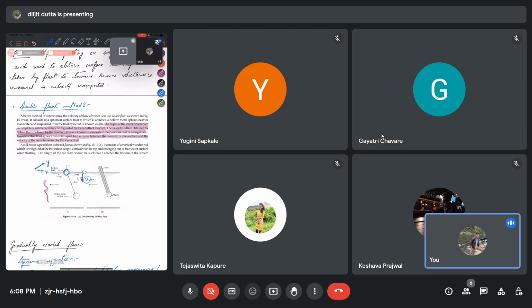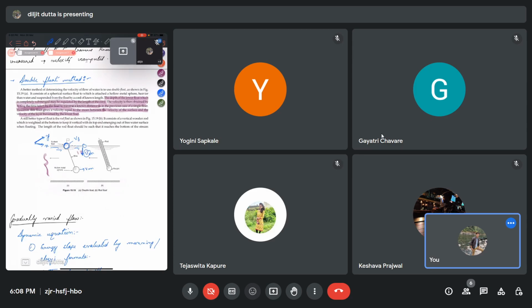If we use a double float, we have a metal sphere connected to one float, and based on the distance covered by both the metal sphere and the float, we can get the mean velocity by taking the average of the velocities of the float and the metal sphere. This is a better method if we want the mean velocity of flow.